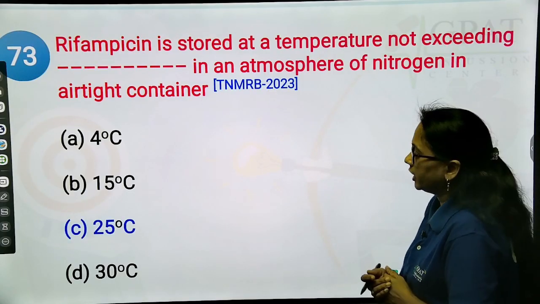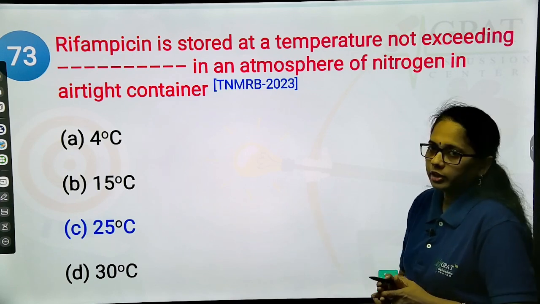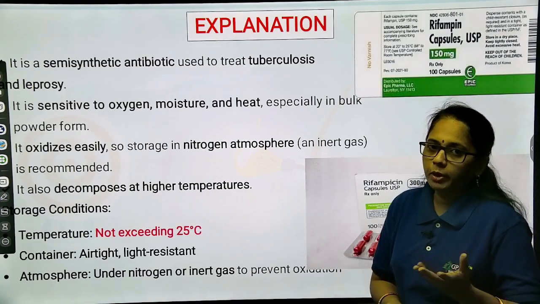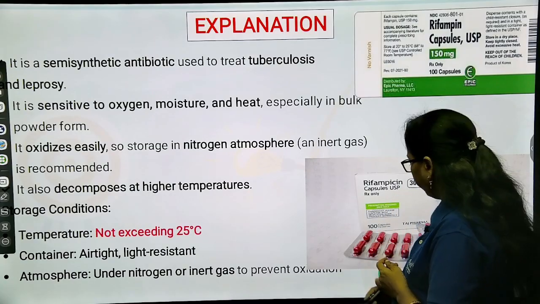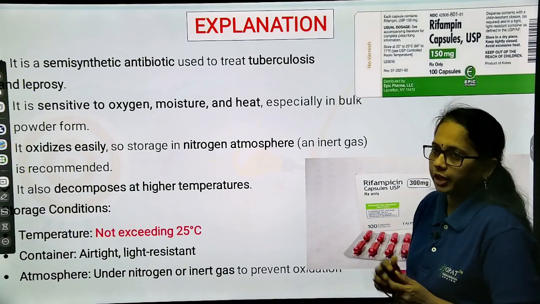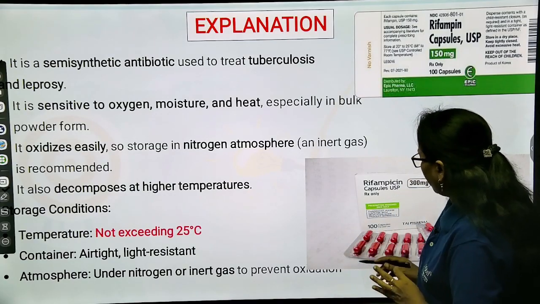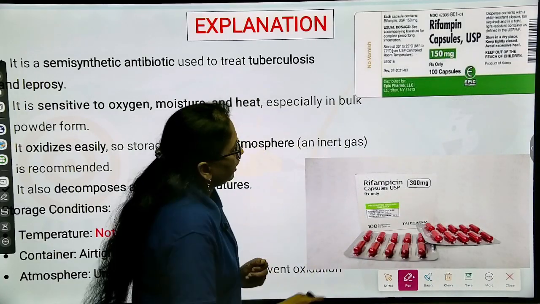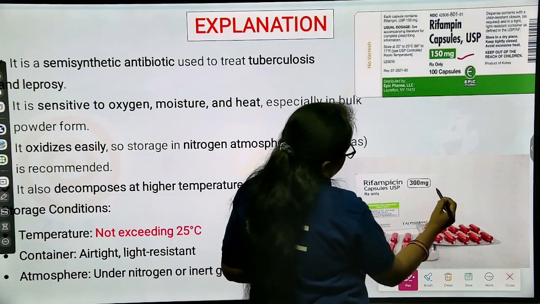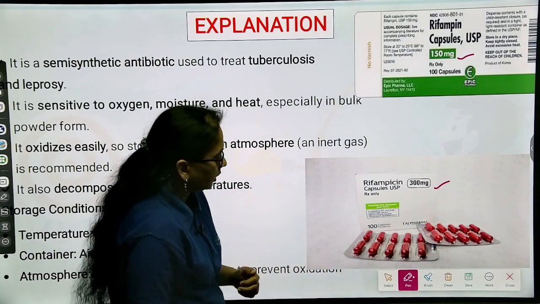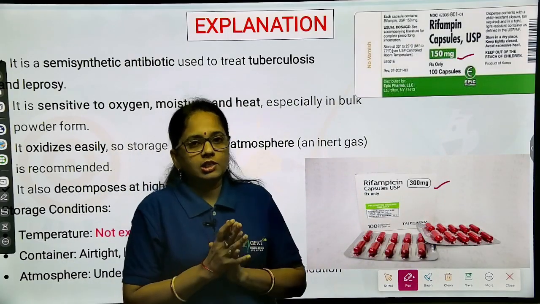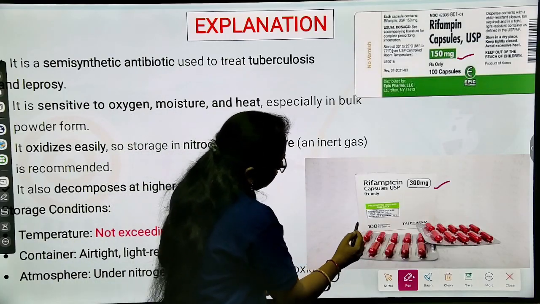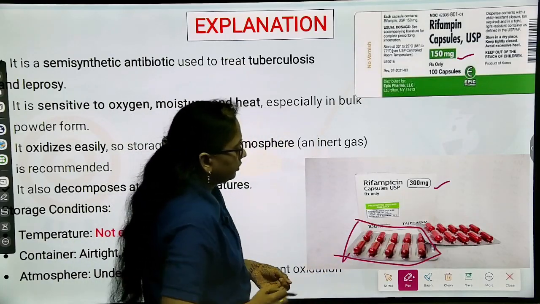In terms of centigrade they have asked. So, the right option is normal room temperature. Room temperature means 25 degrees centigrade, in our zone 3 and 4 areas. If you observe the rifampicin already available in the market, there are 150 mg capsules as well as 300 mg doses, in bulk as well as packs of 10 strips.